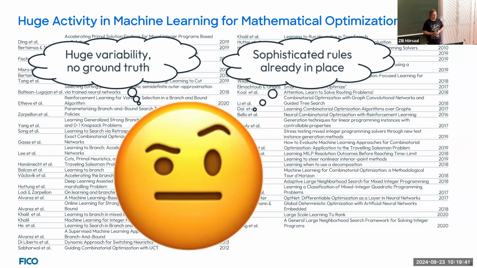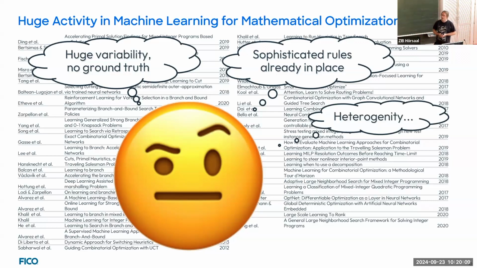I'm a bit more of a lazy person here and was looking for problems where this does not apply, where we don't already have the best rules. Like in branching, there are literally dozens, if not hundreds of person-years of work going into figuring out good general-purpose branching rules for MIP solvers. That's not the easiest thing to beat by any kind of new approach.